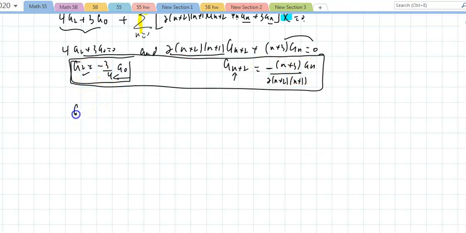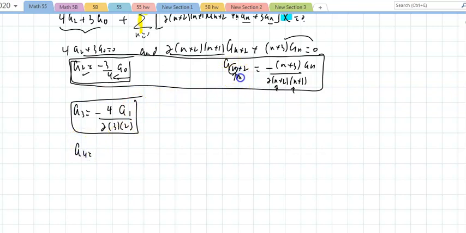Let's go for a sub 3. A sub 3 is actually putting a 1 there, right? That's going to be negative 4 a sub 1 over a 1 there and a 1 there. That's 2 times 3 times 2. Got it. If I want to figure out what a sub 4 is, put a 3 right there.